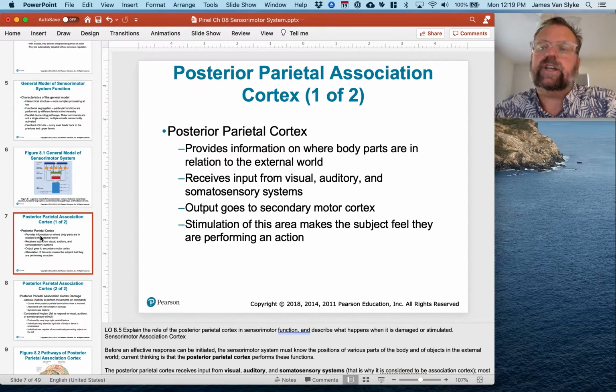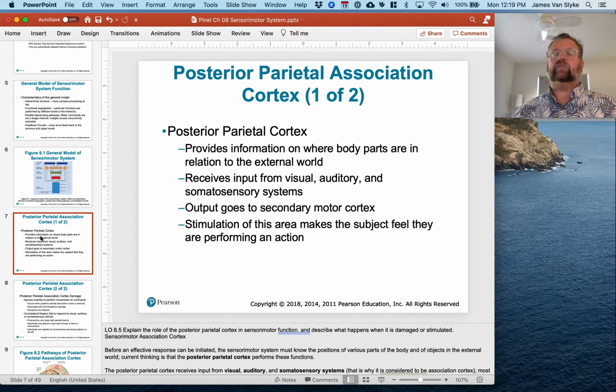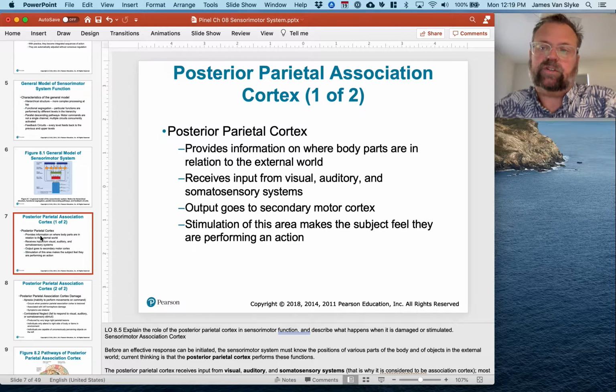Remember, we had association cortex that was involved in visual processing. And so association cortex is basically a place where everything is coming together for whatever the function is that we're talking about, whether it's vision or, in this case, motor actions. And so each of these plays a role in our ability to actually do something.